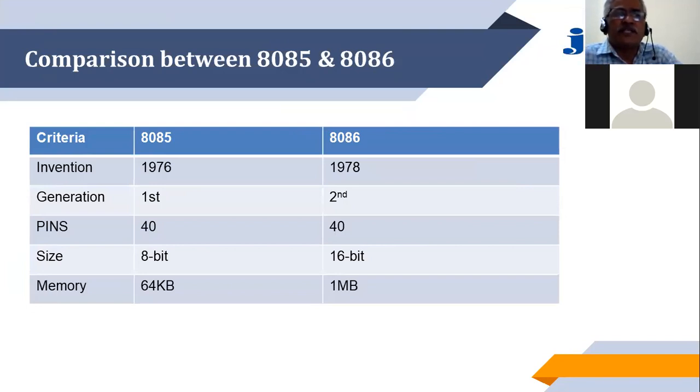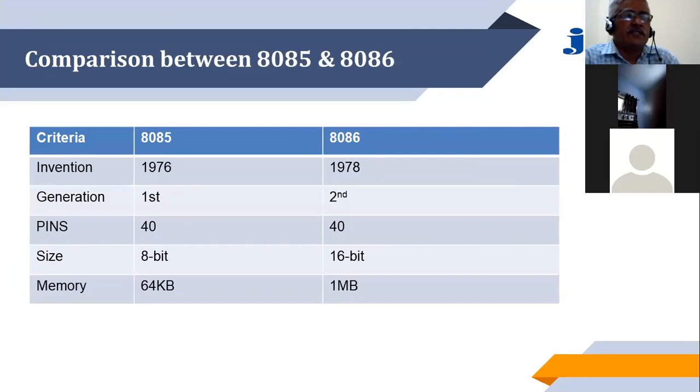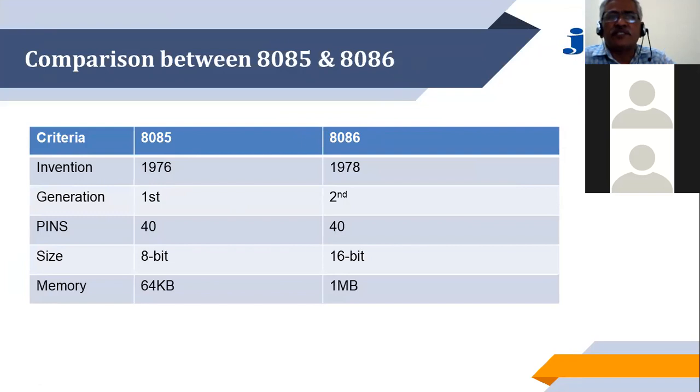A broad comparison shows that as per the inventions, it was in 76 that 8085 was invented, and it was 78 or beginning 79 that was the 8086. As far as the generation of the microprocessors is concerned, 8085 belongs to the first generation of the processors, and 8086 belongs to the second generation of the microprocessors.